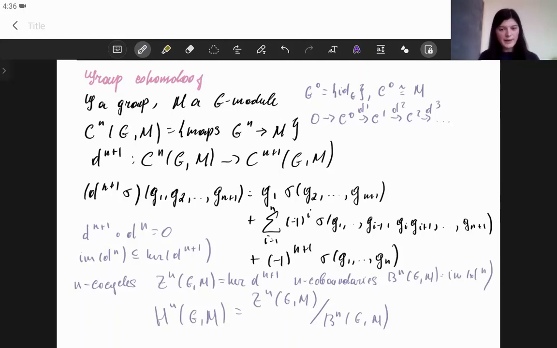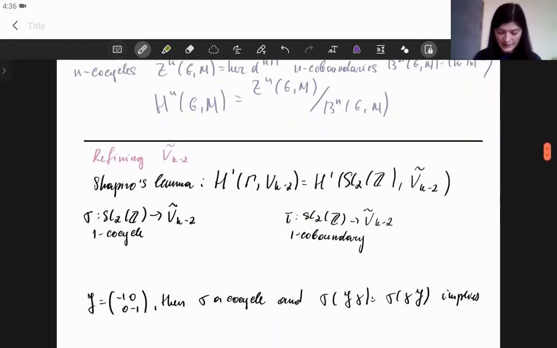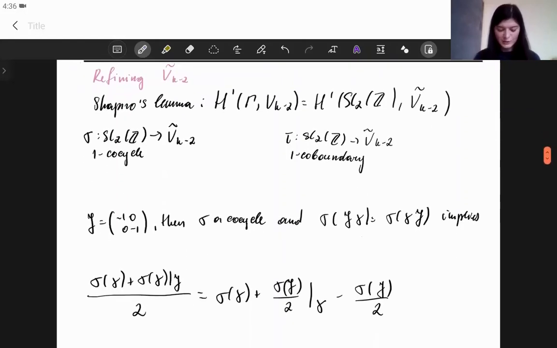All right, so let's go back to those objects that I defined before, those modules, and see what sort of cohomology groups we get in that case. So technically, I will actually want to not really work with V_{k-2} tilde. I will want to refine it a little bit further.